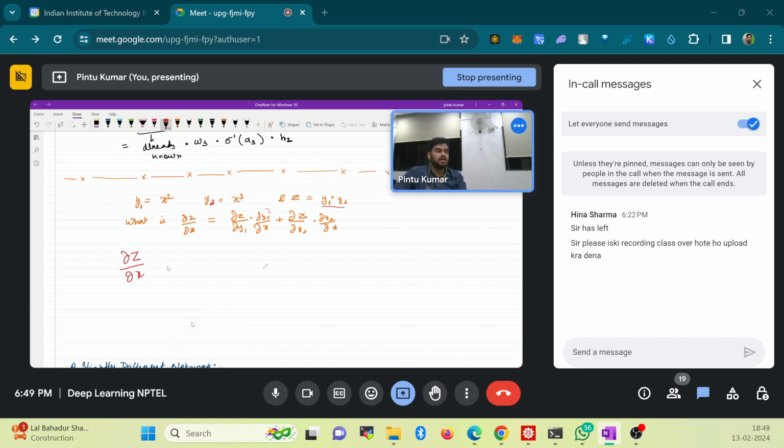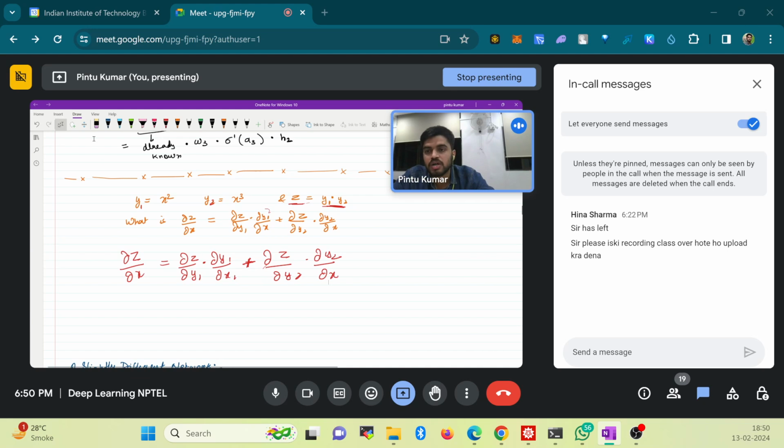So the chain rule says that you should take del z by del y1 and del y1 by del x, plus there is a plus term because your z is dependent on two variables, del z by del y2 into del y2 by del x. Okay, so you get something like this.